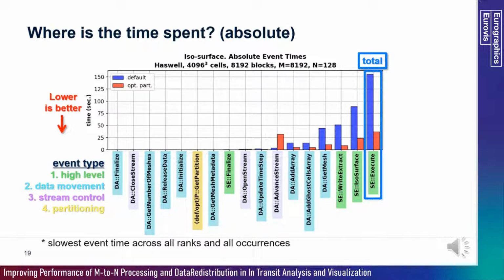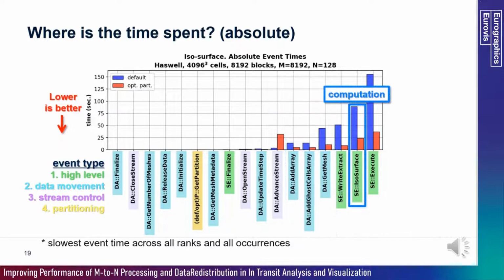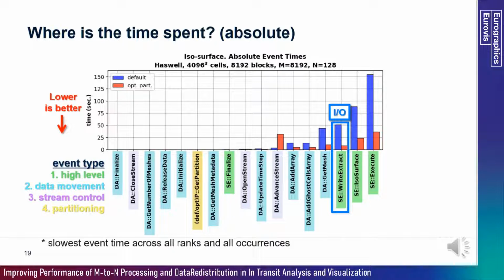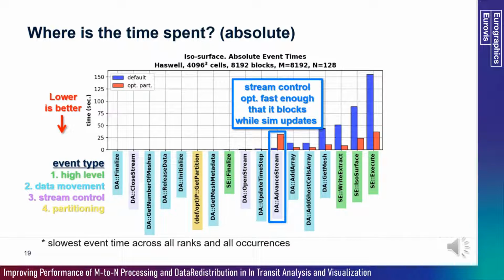I'm going to just show quickly through these the total overall difference. These are the data movement events. This is the calculation of the isosurface and writing the extract. Note that partitioning costs are very low and don't contribute substantially to the solution time. This is the one case where the optimized partitioner was slower.